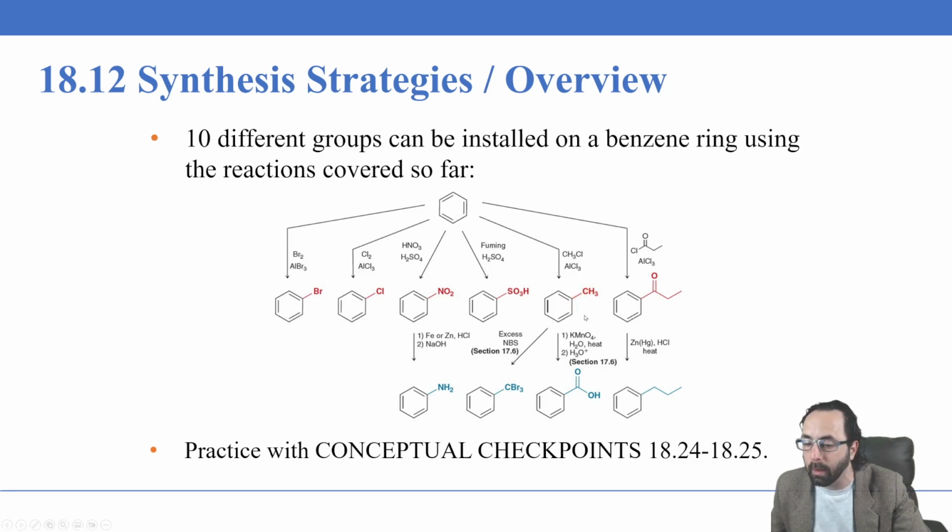We also learned how we can oxidize an alkyl group on a benzene ring through the use of the strong oxidizing agent potassium permanganate with water and heat, followed up with acid to protonate the resulting carboxyl group that is produced here. So these are the kinds of things that we can do synthetically now that we have all of these reactions together.